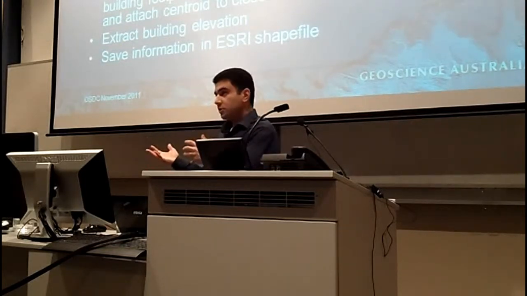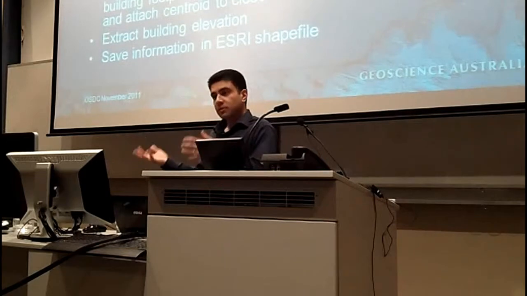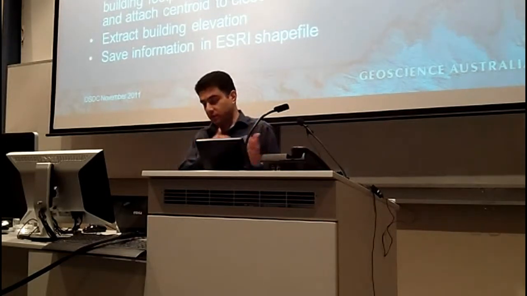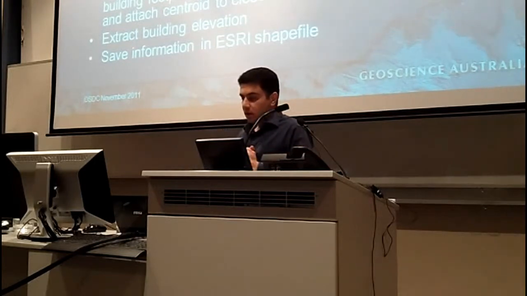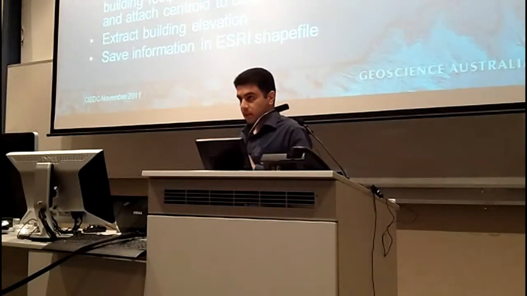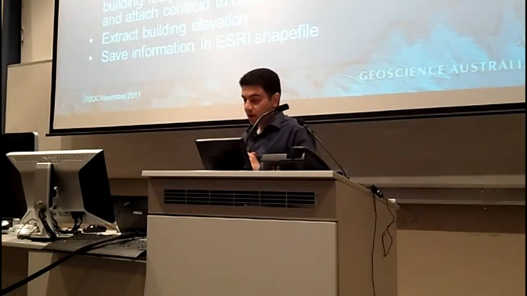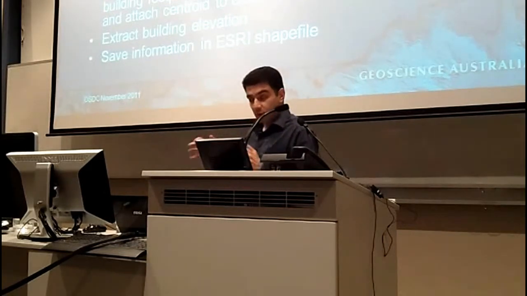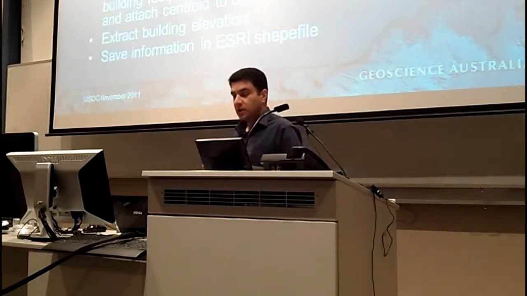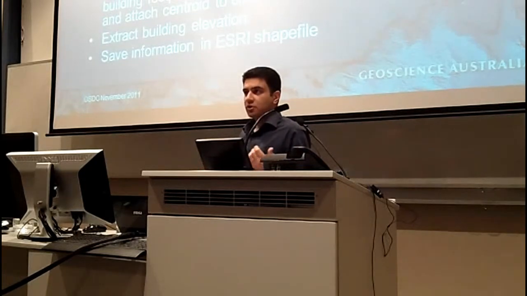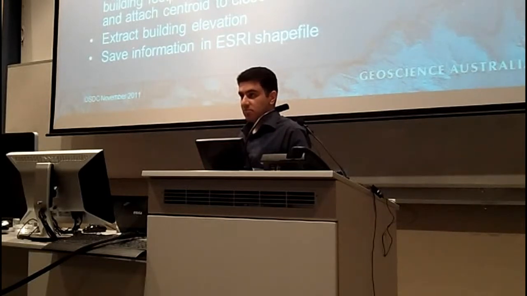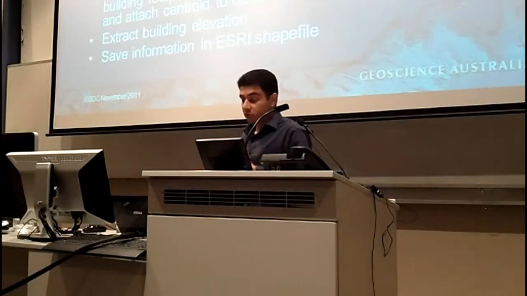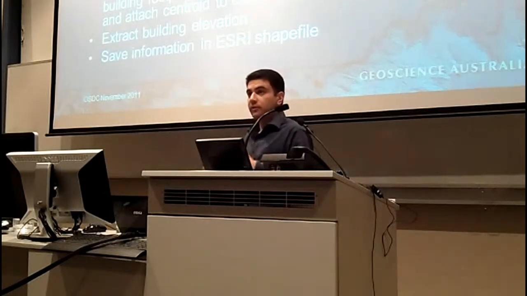So now you have a RICS image which you've taken, and that image shows you the building, the front of the building. Also, we need the software to extract the building elevation. That's for our own database. And all of that information is saved in an Esri shapefile. Esri is a commercial GIS company, and it's a commercial product, but it's an open format for storing vector data.